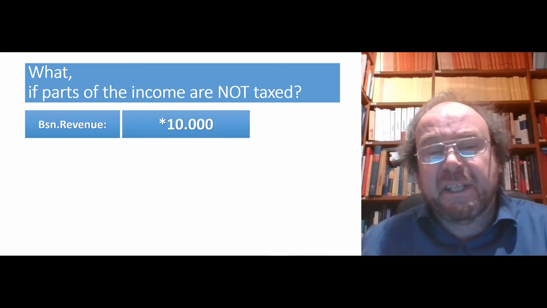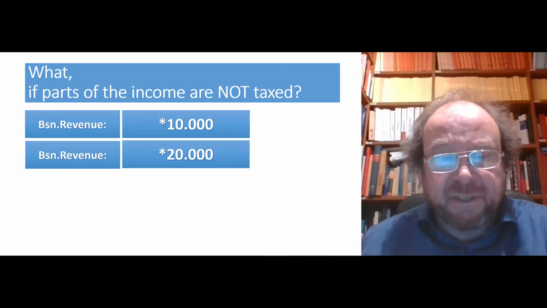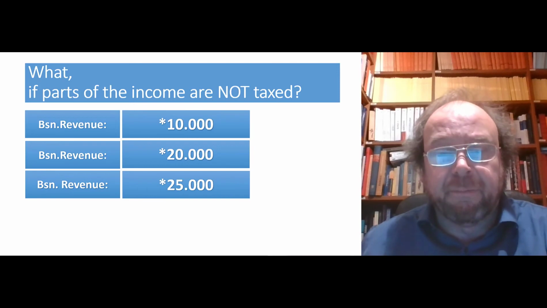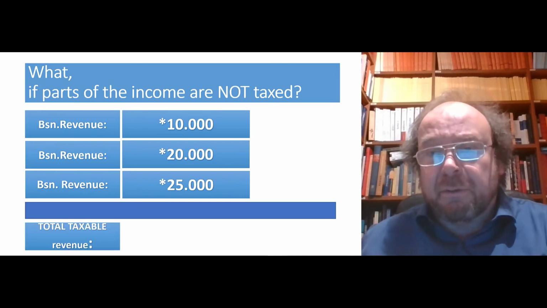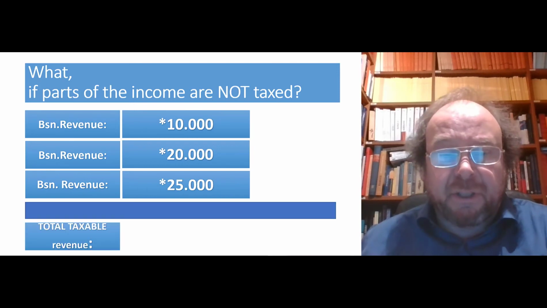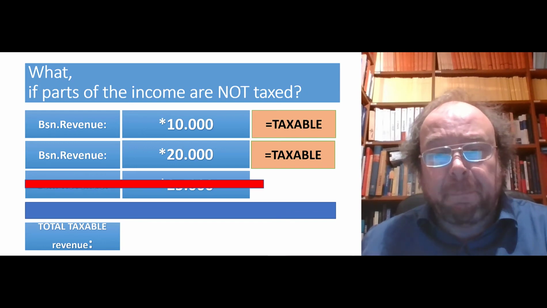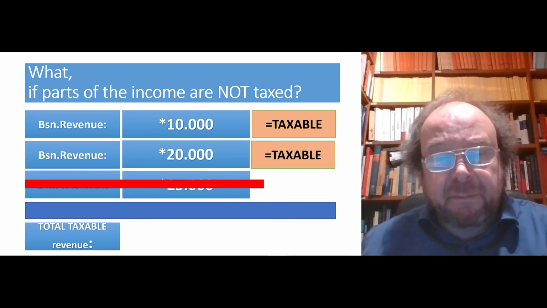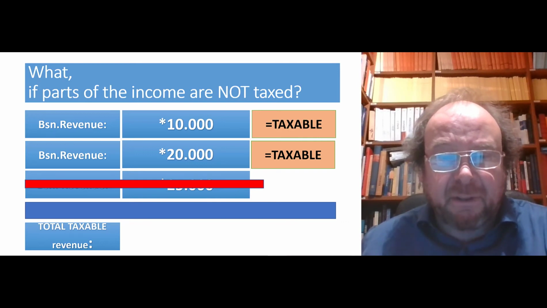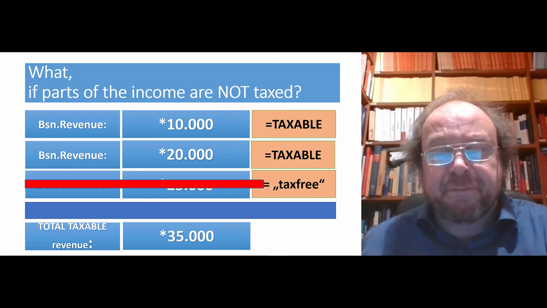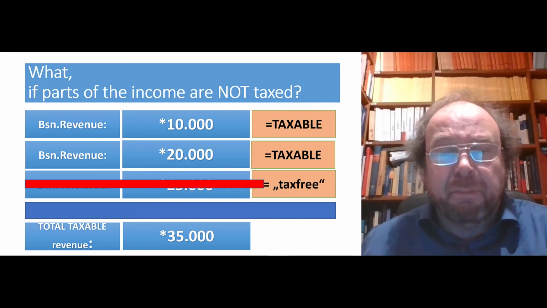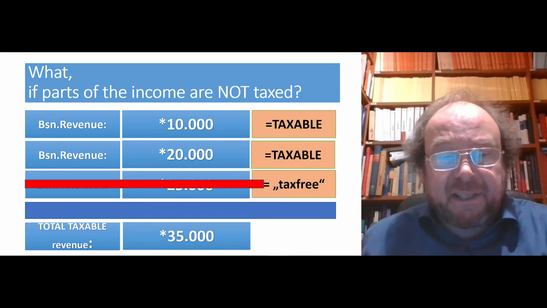Well, then we have the same business revenue, business revenue, business revenue. You have a total. But then, special order, ignore the third thing. So you ignore it. It will not be taken into account when you add up the taxable revenue. Instead, it's tax-free, and your total will only be that which is taxable.